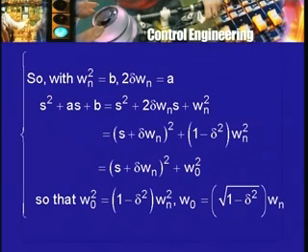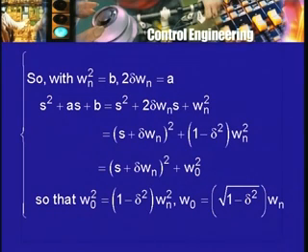So I will write it as 1 minus delta squared into omega n squared, and so finally it will be written as s plus delta omega n squared plus 1 minus delta squared omega n squared, and this is replaced by, let us say, omega 0 squared. So I will have s plus delta omega n squared plus omega 0 squared.